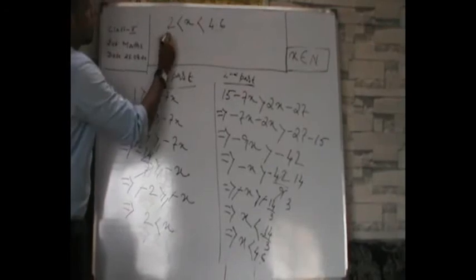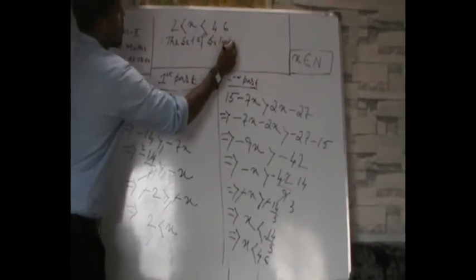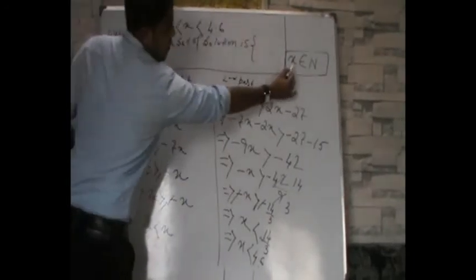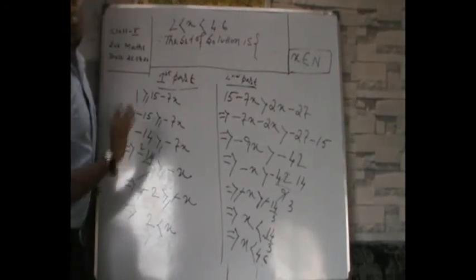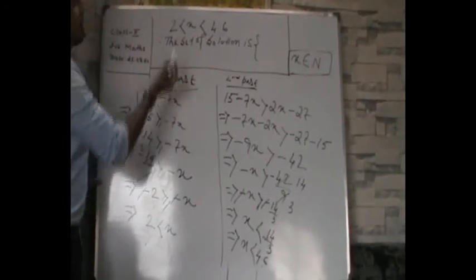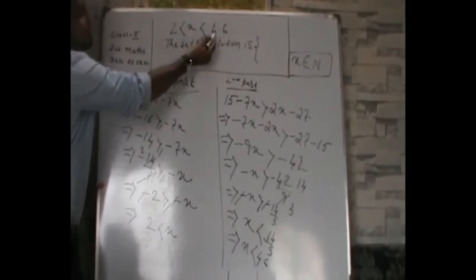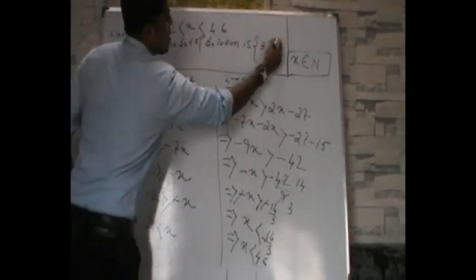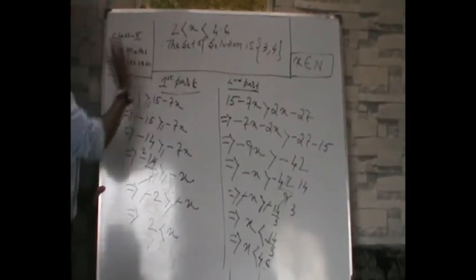Therefore, the set of solution is, here one thing is mentioned, x belongs to N. That means natural number. Natural numbers are only the positive numbers. We start from 1, and it indicates the value of x is greater than 2 but less than 4.6. That means 3 and 4. This is the answer. Clear? Sum number 4 is complete over here. Okay.